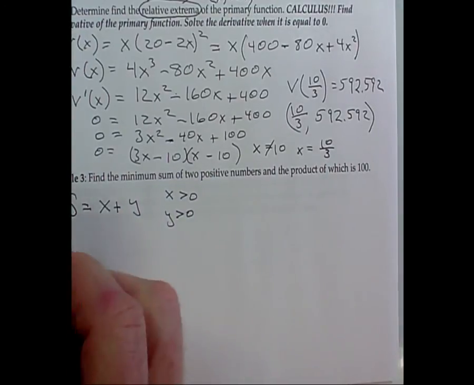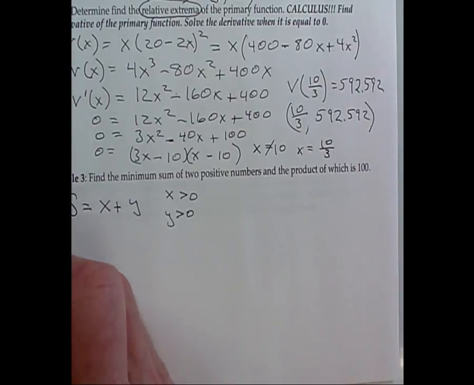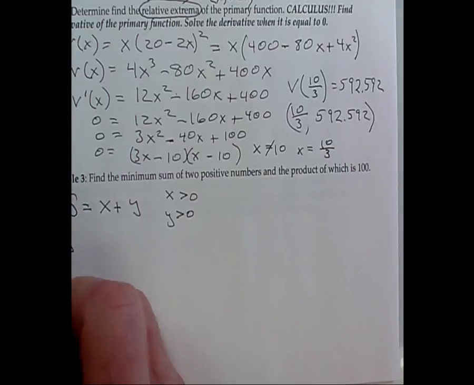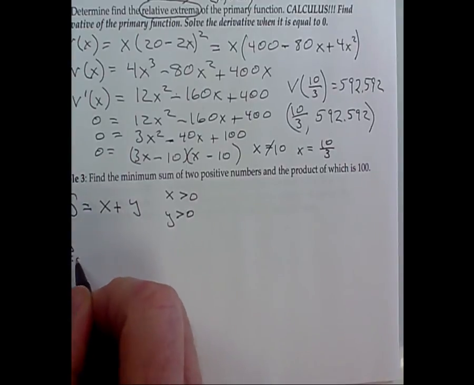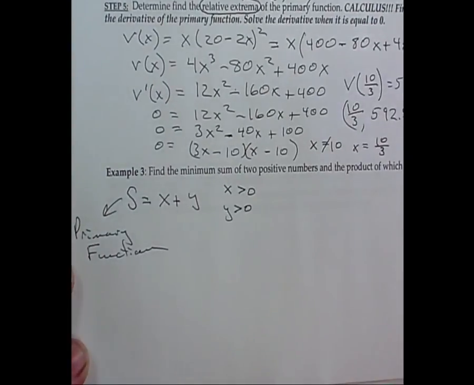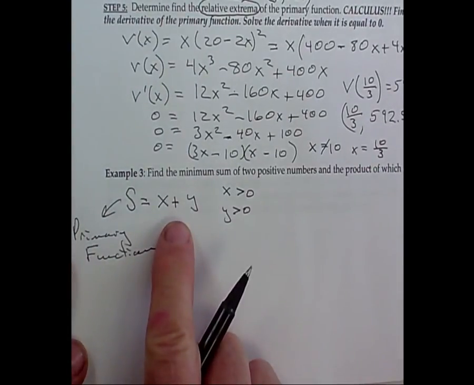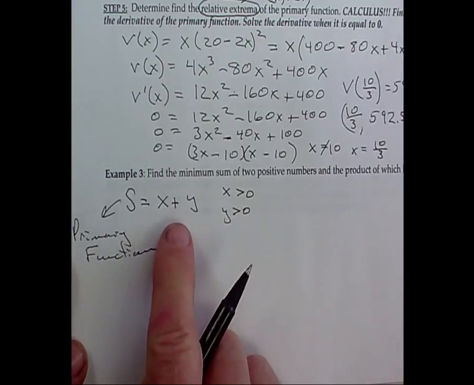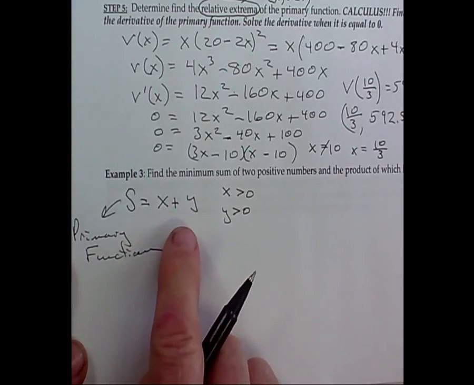So this is going to be my primary function because I'm asked to minimize it. So this is what I've got to take the derivative of, except I want to get rid of y, because otherwise I'll end up getting dy/dx. I want one variable. On all these problems, I want one independent variable.